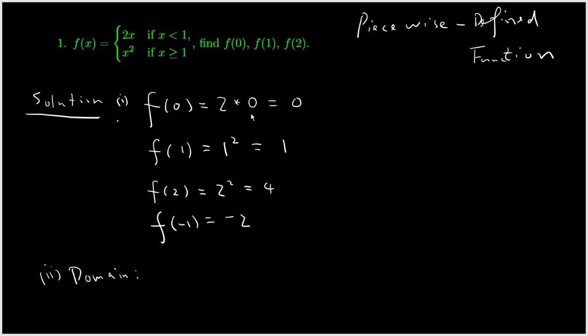To get the domain of the function, you think for what x values we can evaluate the function. 0 is in the domain, 1 is in the domain, 2 is in the domain, -1 is in the domain. Is it possible to evaluate the function at any number less than 1? Yeah, -infinity to infinity. That's right. It's possible to evaluate the function at any real number. Any real number is either less than 1 or greater than or equal to 1.